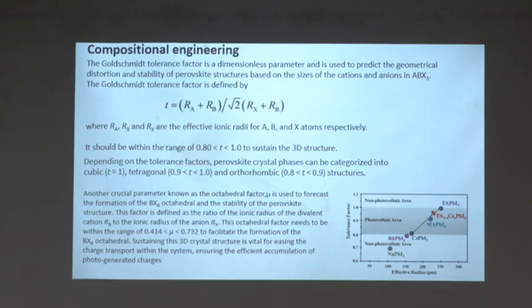Yes, because when we have an idea to grow a new material with a new composition, we should, utilizing a very short formula, check first if the final structure exists, and second, which crystal structure appears, because for photovoltaics, only from 0.8 up to 1 is convenient for perovskite structure and for possible application as a solar cell absorber.